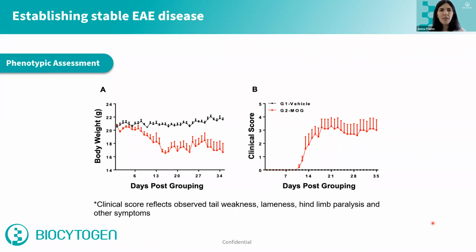These clinical scores really reflect things like tail weakness, lameness, hind limb paralysis, and other symptoms that are combined into this clinical score. As you can see, this disease also induces some weight loss due to the inflammation and other symptoms, as shown here on the left. Together, this data demonstrates successful induction of a stable EAE disease in the wild type mice.